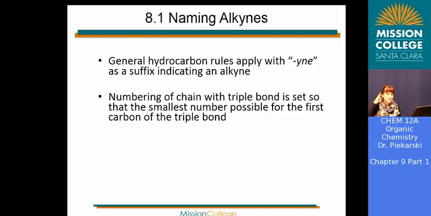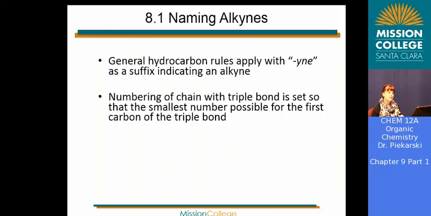Now, I don't want you to fall into the trap of saying it has to be the smallest number possible, because eventually I'm going to introduce you to alcohols and aldehydes and ketones and functional groups that have higher priorities than alkenes and alkynes, okay? But for right now, you're always treating the multiple bonds so they get the smallest number possible, okay?